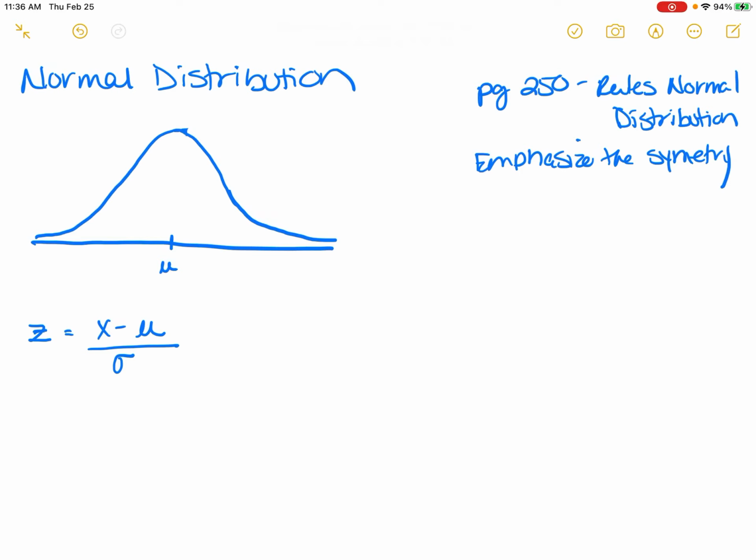And we talked about z-score and how z-score is a measure for what? Z-score is a measure for standard deviation, right? So z-score is a measure for standard deviation from the mean.